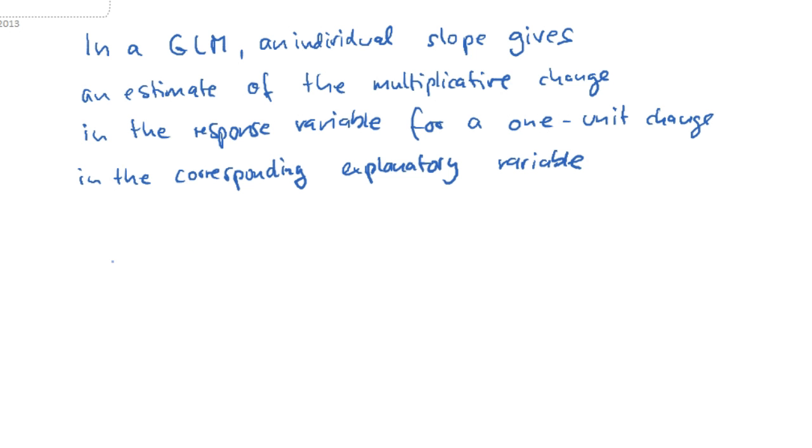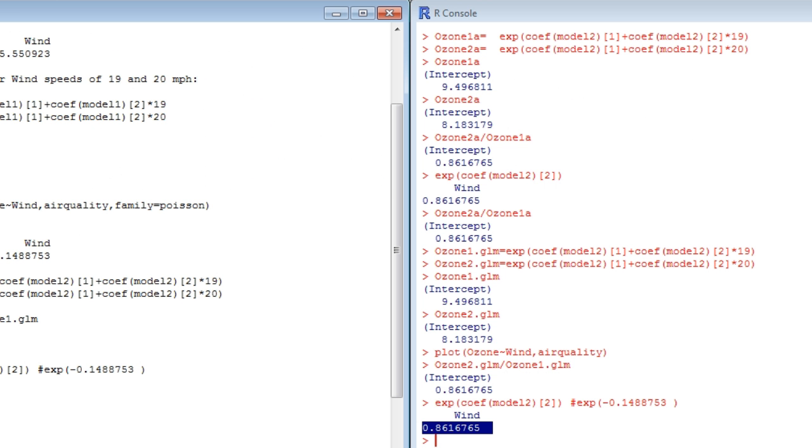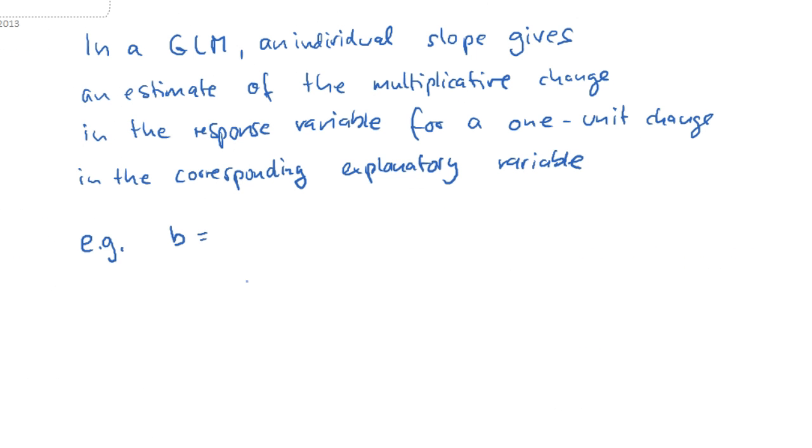Okay, now our example, e.g. the slope b from a GLM is, let's go back to what it was, minus 0.14.